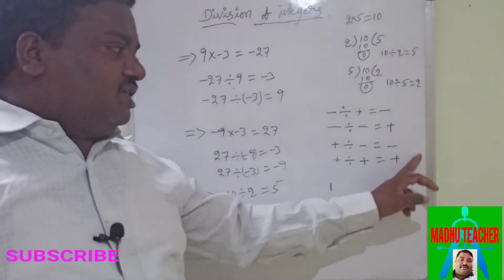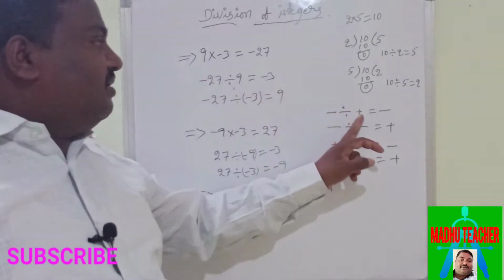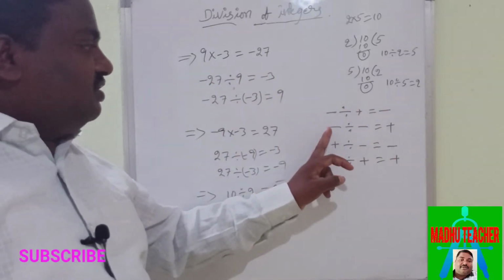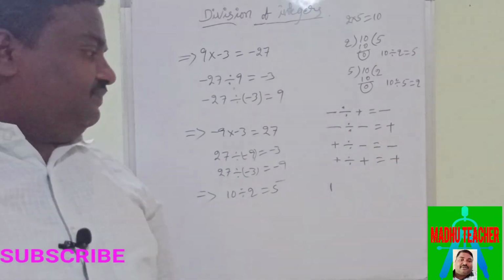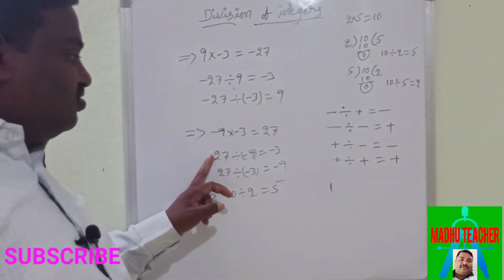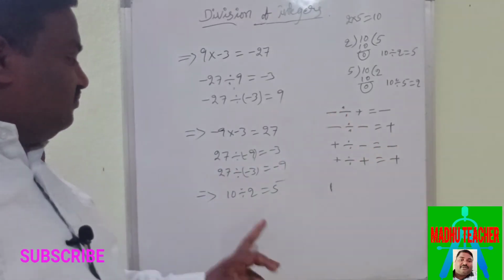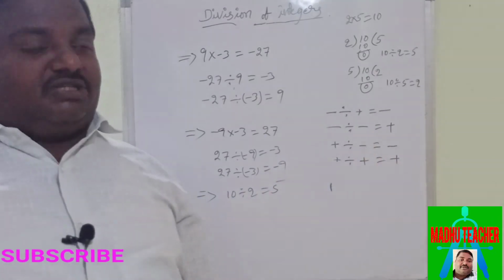Let us observe once again. Division of negative integer by a positive integer gives negative integer. Division of negative integer by negative integer gives positive integer. Division of positive integer by negative integer gives negative integer. Division of positive integer by positive integer gives positive integer.